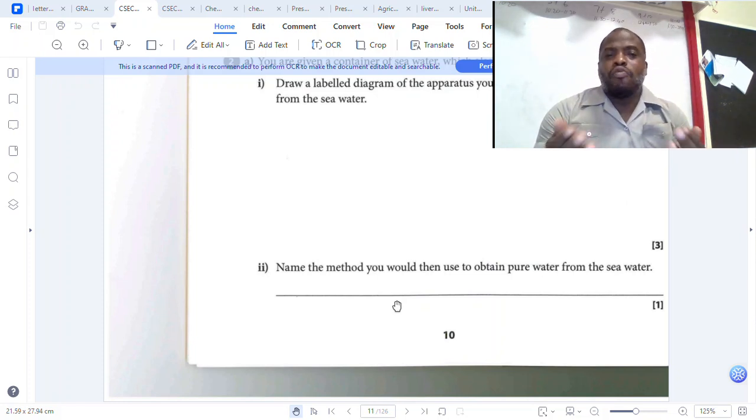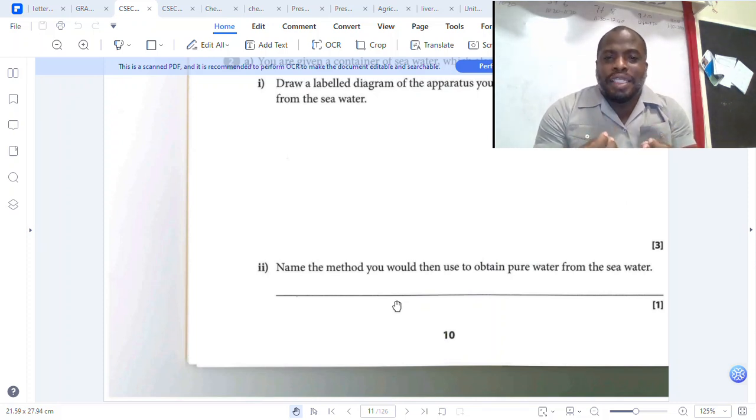If it is one that will decompose upon heating, it will influence the method. But we know salt has a very high melting point because of the bonds between the sodium and the chlorine.